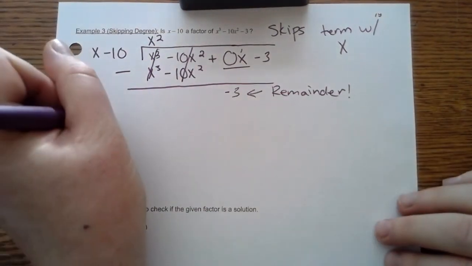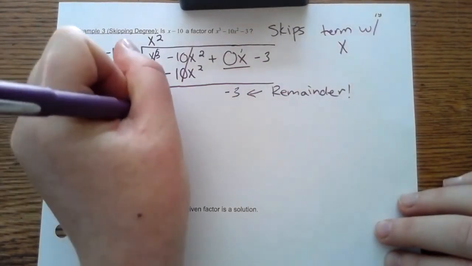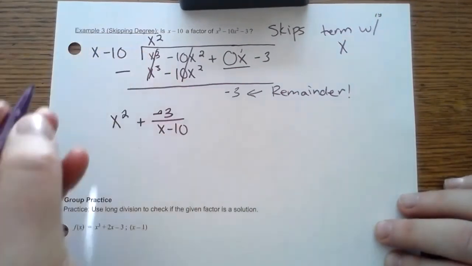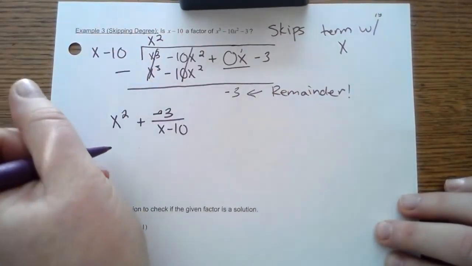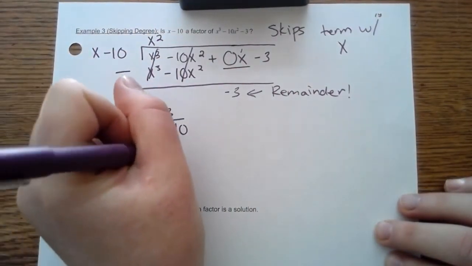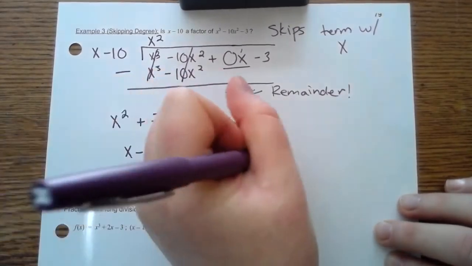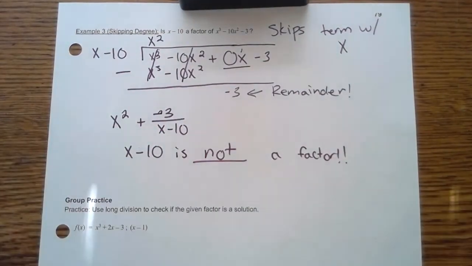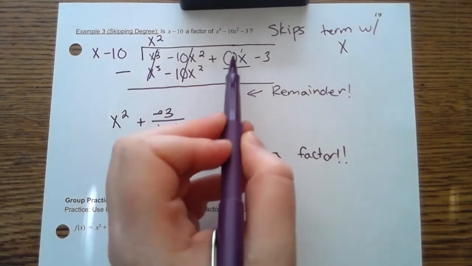So our answer is x squared plus negative 3 over x minus 10. Because there's a remainder, x minus 10 is not a factor. So the biggest thing about this was that placeholder.